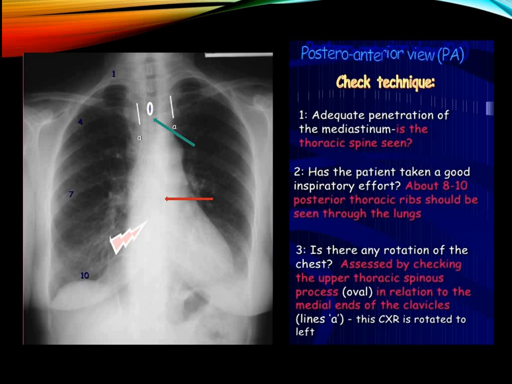The medial ends of the clavicles here are drawn as vertical white lines, and the spinous process as an oval shape between them, and pointing to it is this green long arrow. Now, if this oval structure is equidistant from the medial ends of the clavicles, this means the patient is well centered, while here we have certain small rotations seen in this part.